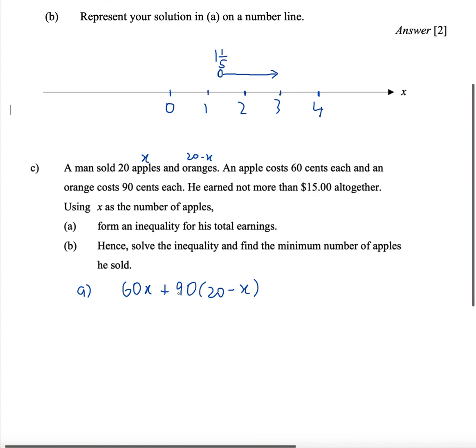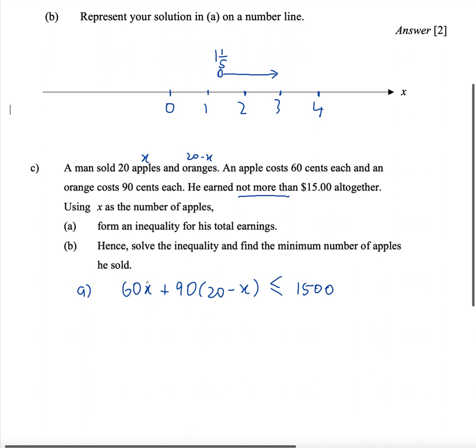Now, since we have put our expression all in terms of cents, therefore we have to put the right hand side as 1500 cents. Not more than means less than or equal to. Now we'll solve this.